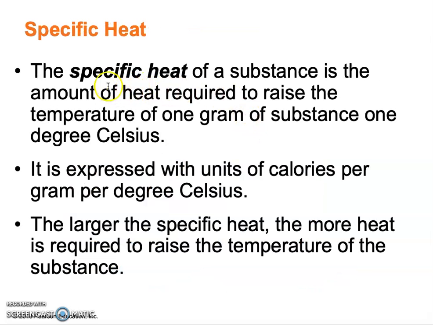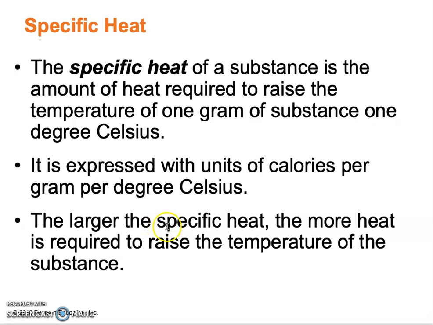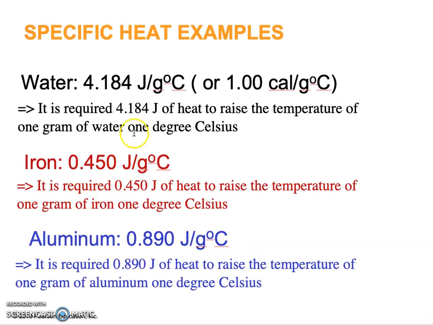That is general heat. How about the specific heat? The specific heat of a substance is the amount of heat required to raise the temperature of 1 gram of the substance by 1 degree Celsius. It can be expressed in units of calories per gram per degree Celsius. The larger the specific heat, the more heat is required to raise the temperature of a substance. Let me give you some examples.